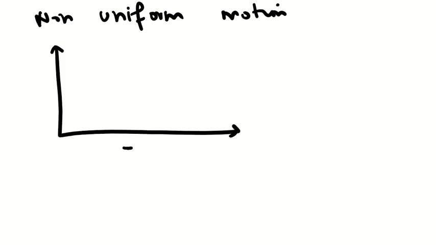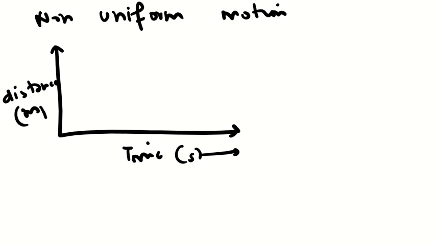It will come out like this, with time and distance in meters. It is a case in which the car is not decelerating, the speed is not decreasing at any point, it is only increasing.